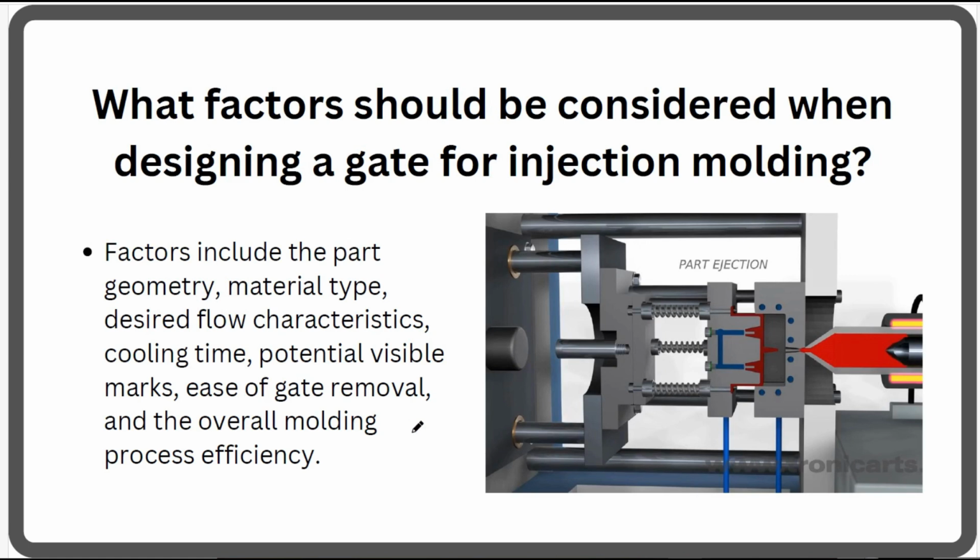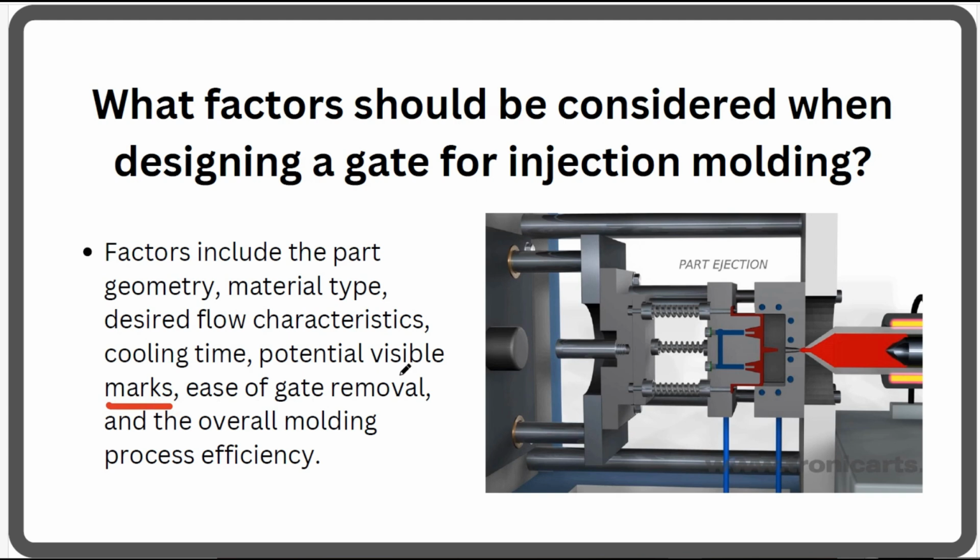What factors should we consider when designing the gate for injection molding? We need to consider the part volume, part geometry, and the type of material we are using. We need to check how the plastic is flowing, like the density, the cooling time, the cycle time, and whether visible marks are coming or not.